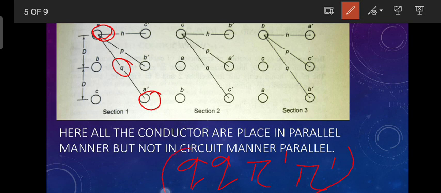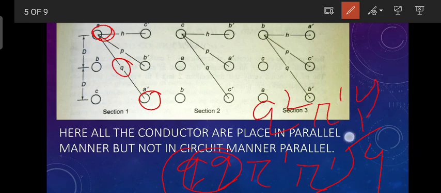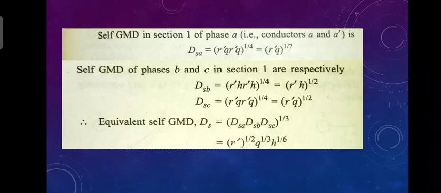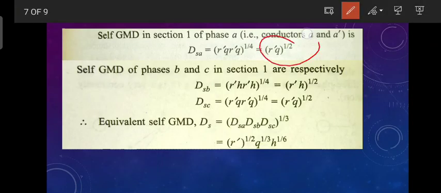So there are 4 distances by taking 1 by 4. So like that, Q square into r dash square to the power 1 by 4, and by converting this, Q r dash to the power 1 by 2. Yes or not? I think it is correct. Let's see. Yes, this is r dash Q to the power 1 by 2.